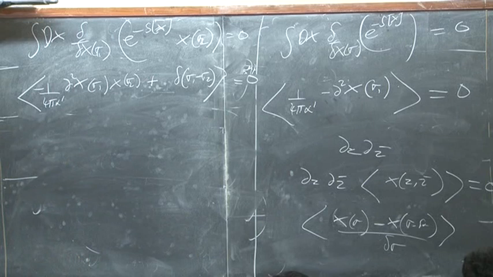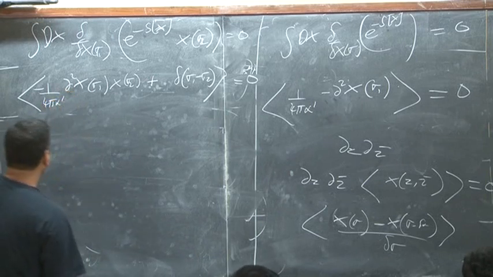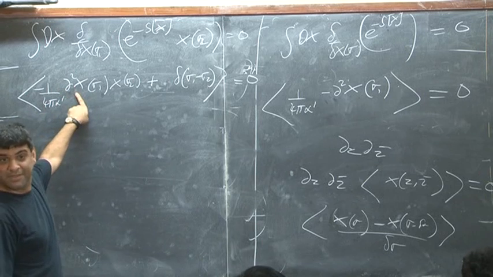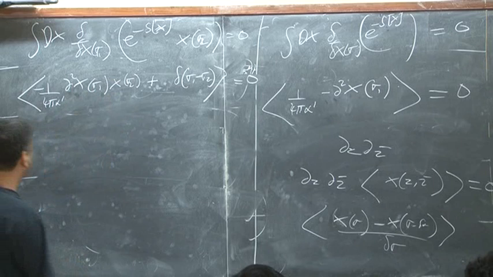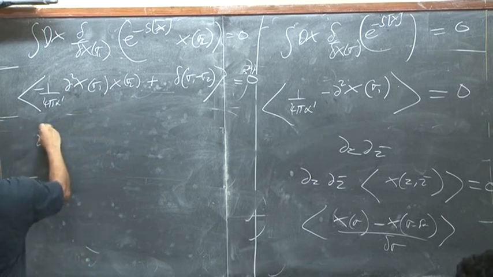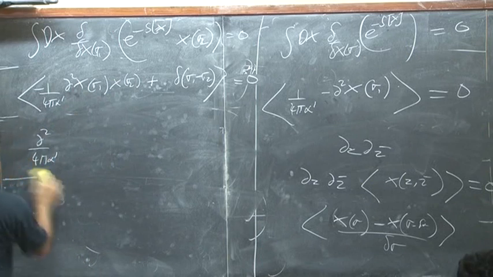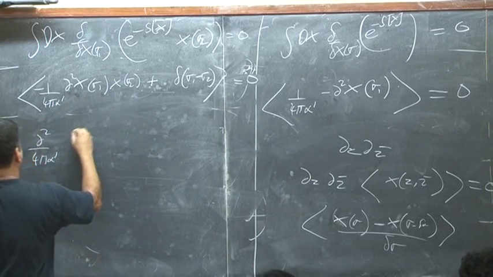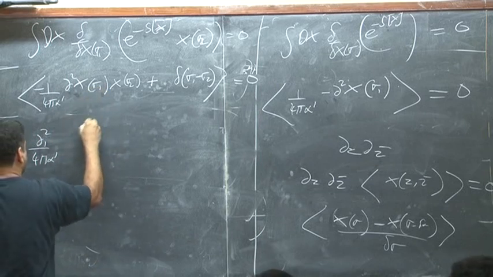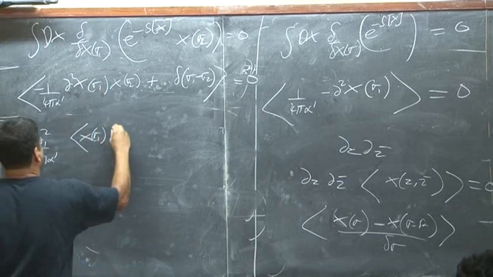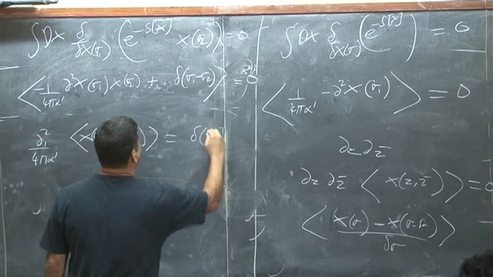Therefore, because we're allowed to take these del squares out of the path integral, we get a differential equation for the 2-point function of x with x. The differential equation is simply del squared by 4 pi alpha prime. Let's say del 1 squared because that's in this one. X of sigma 1, x of sigma 2 is equal to delta of sigma 1.